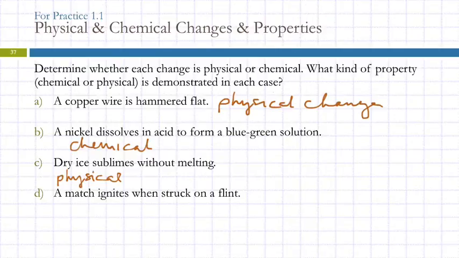You can demonstrate the property without destroying the dry ice, without destroying the particles. They become a gas, but you could make them back into the liquid. When you demonstrate this property that nickel dissolves in acid, you have destroyed the original substance. You don't have nickel atoms anymore.